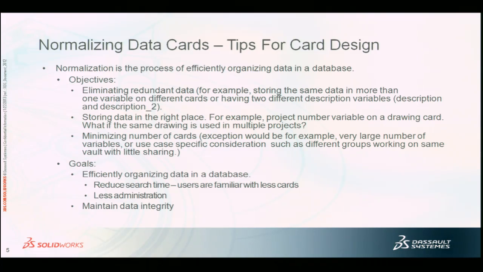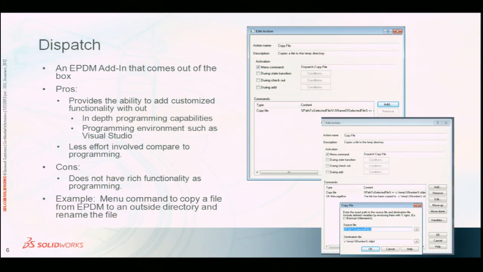So again, try to follow these rules if possible. That's not always the case, but these are good guidelines to follow. Okay, so that concludes the discussion about the cards, tips, and functions.